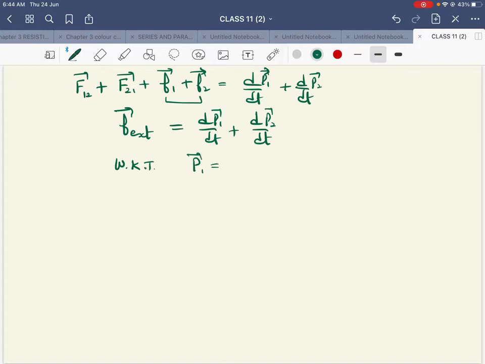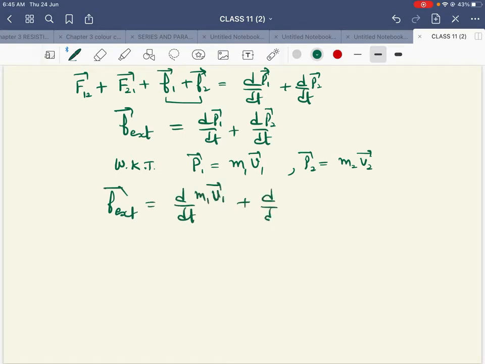Also we know that linear momentum is equal to product of mass and velocity, so P1 will be equal to m1 into v1. Also P2 will be equal to m2 into v2. By putting the value of P1 and P2 in above equation, we get F external will be equal to d upon dt of m1 v1 plus d upon dt of m2 v2.